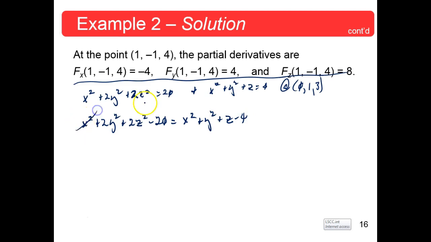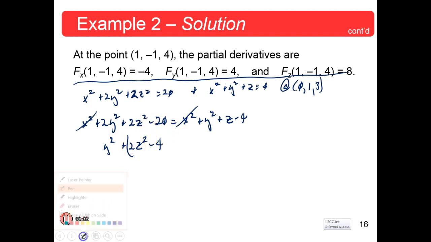When you do that, notice the x squareds go out. And if you subtract the y squared from both sides, that gives you y squared. Subtract the z squared, oops, you can't do that. Plus 2z squared minus z, sorry, I said z and wrote 4. I don't know what's wrong with the brain here.